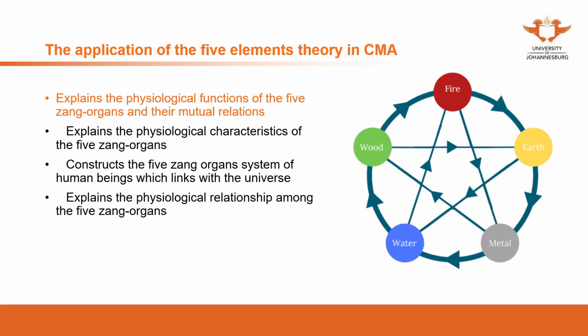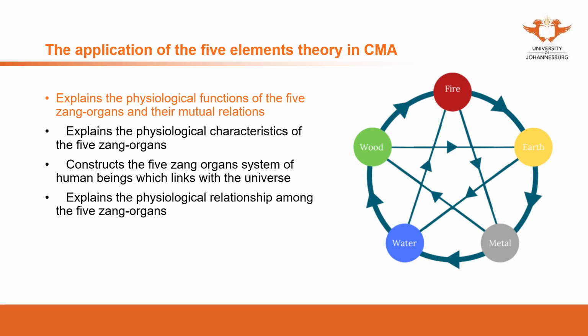The five-element theory has also established the connections between the human body and nature. For example, the east, the wind, the wood, the taste of sour, the liver, the ligament, from the table that we have illustrated previously.